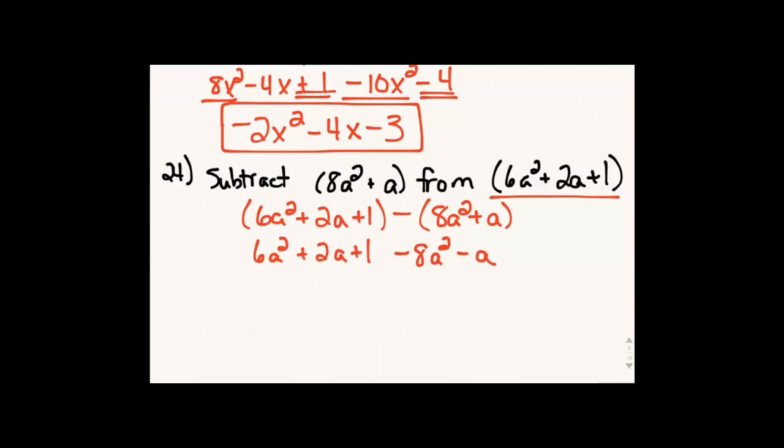And then we combine our like terms. 6a squared and minus 8a squared give us minus 2a squared. Plus 2a and minus a give us plus a. And then we have the plus 1 left over. So there's that one.